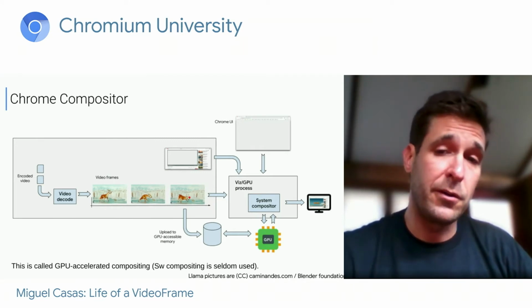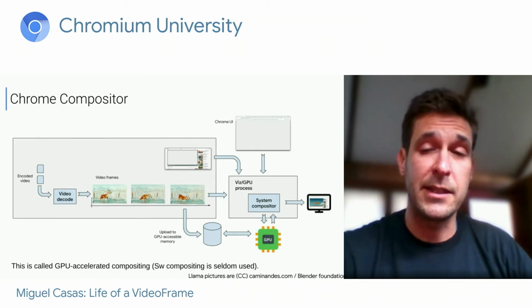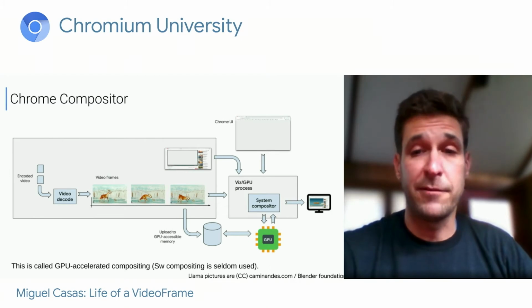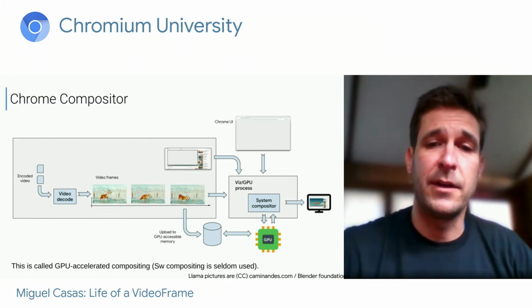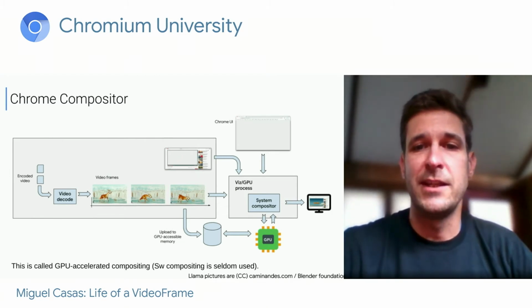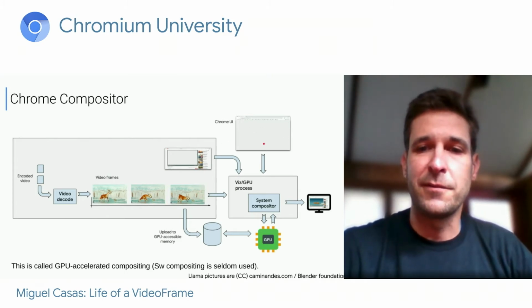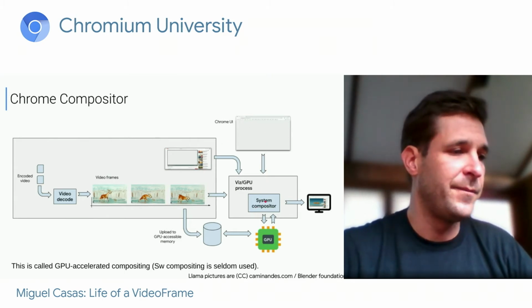There was another talk yesterday morning, I presume, called Life of a Pixel. Super important. That is basically how all these items called compositor frames are created and sent to this GPU process.